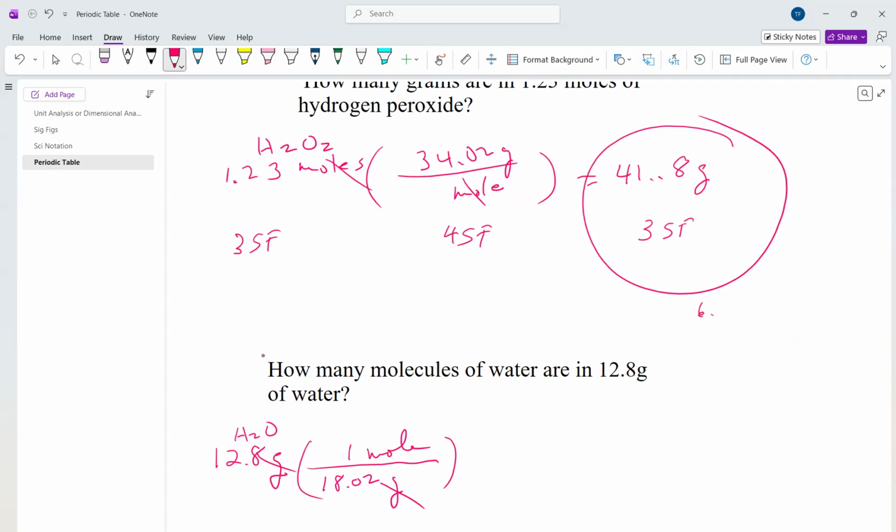It was 6.02 times 10 to the 23rd atoms or molecules per mole. We also have the inverse of that. So if we multiply this so that moles cancels, that means the number of molecules goes on top.